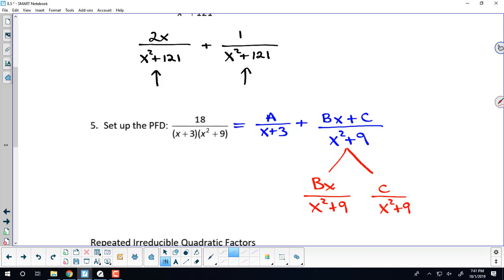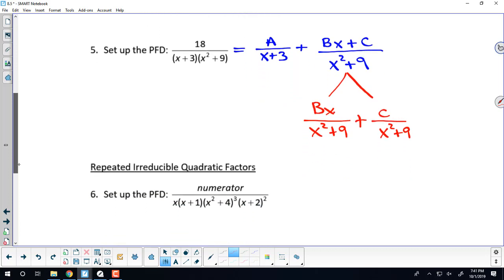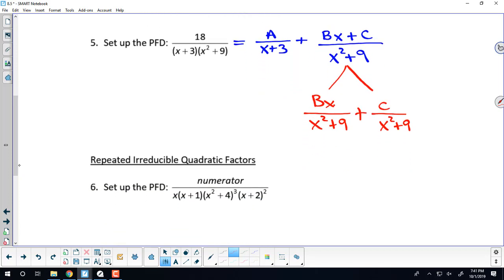The Bx over the quadratic is a u substitution. The C is an inverse tangent.